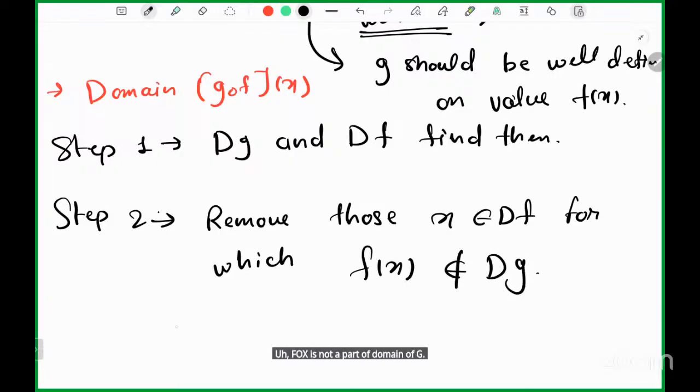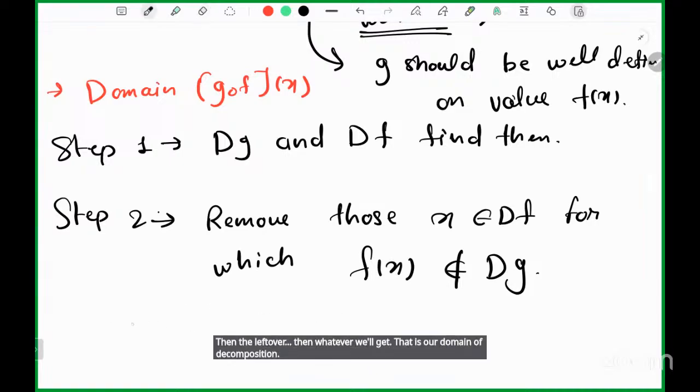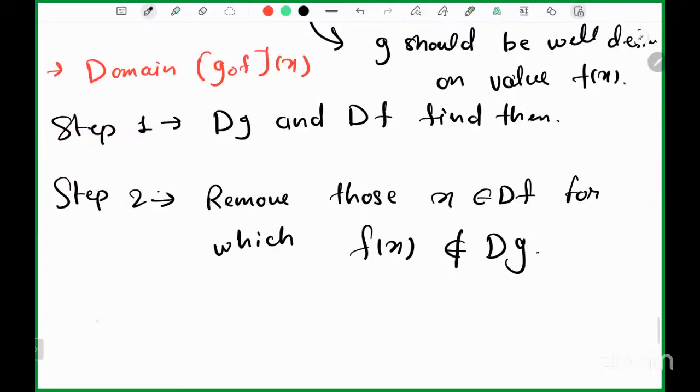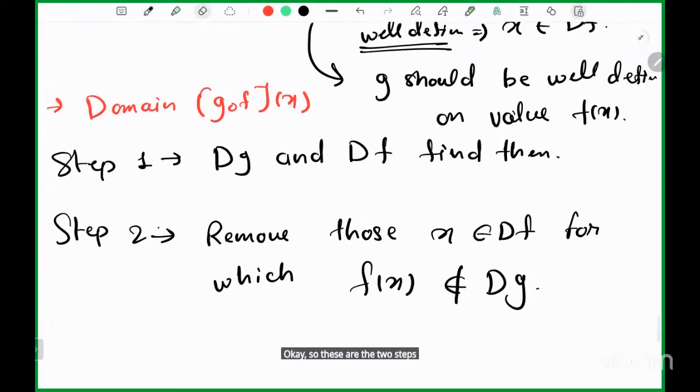And then the leftover, whatever we get, that is our domain of g composition f. Right? Okay, so these are the two steps. Yes, any doubt?